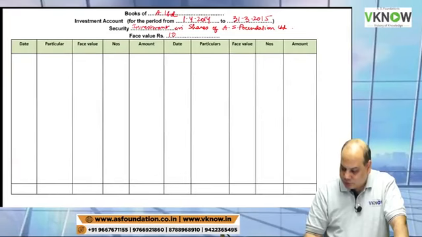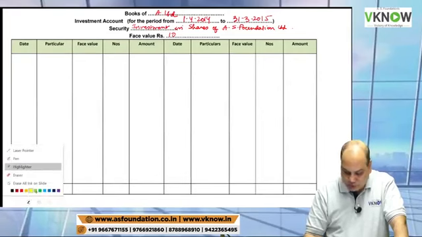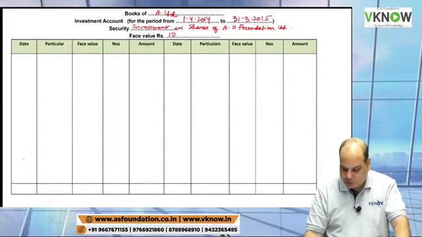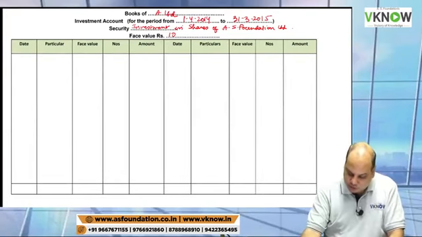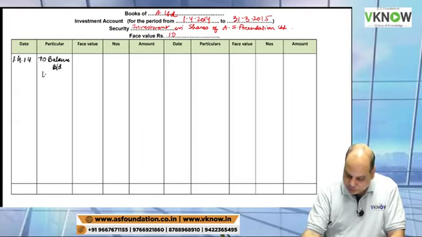Now it's a matter of just 1 minute to do the fill in the blanks part. If you will help me, I can do it very fast. So come on, student. 14 to balance brought down, working note 1.